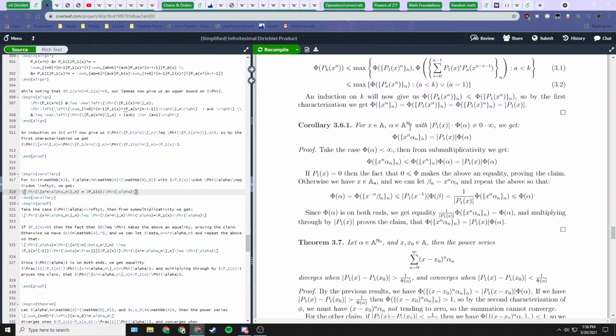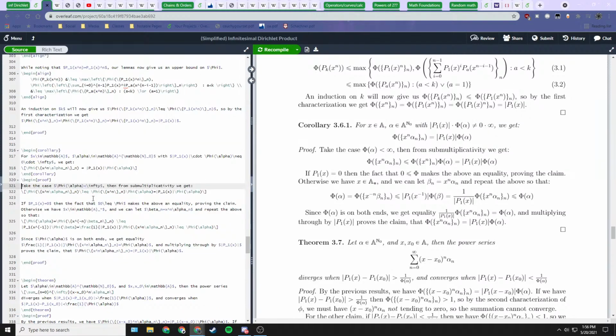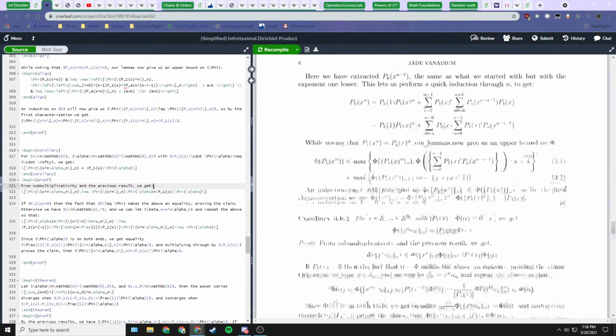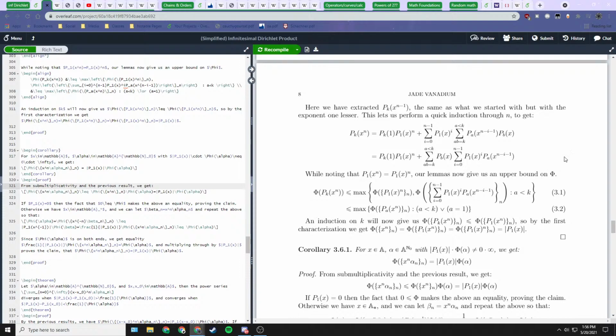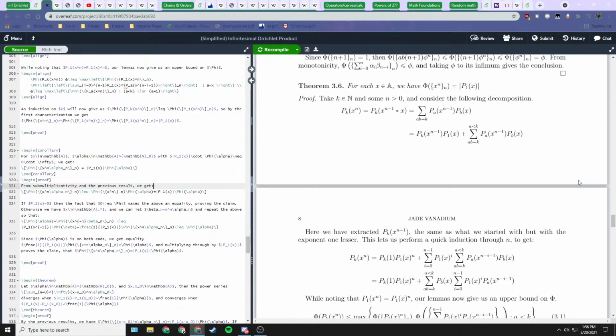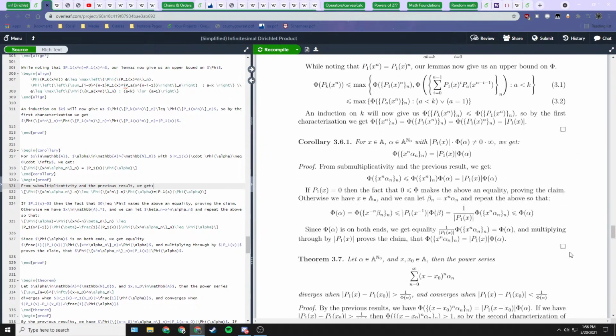And so we'll just make sure we have this here, as long as this is not in indeterminate form. So I think we can exclude this here. Okay, so this is sub-multiplicativity.